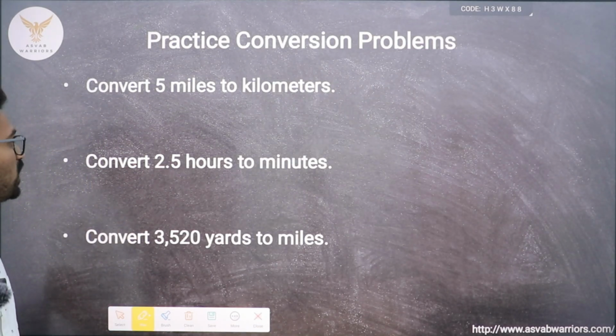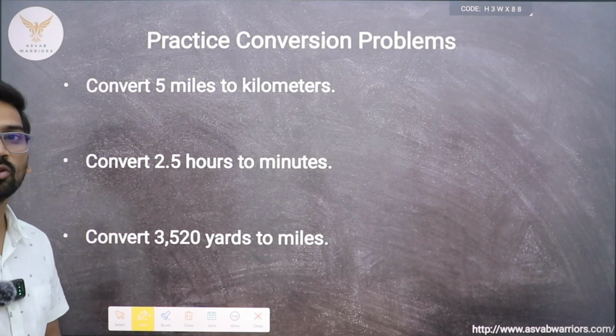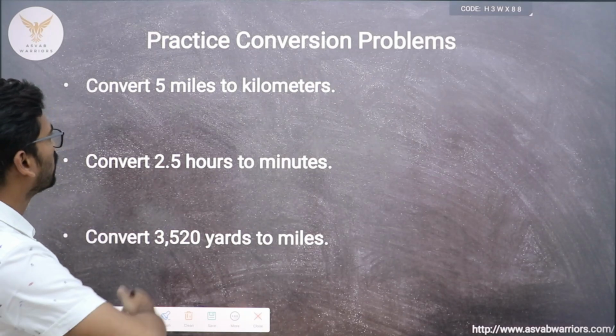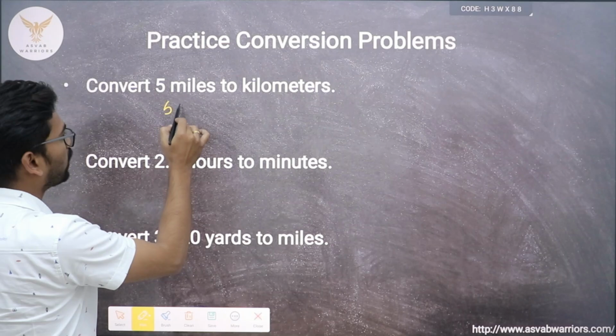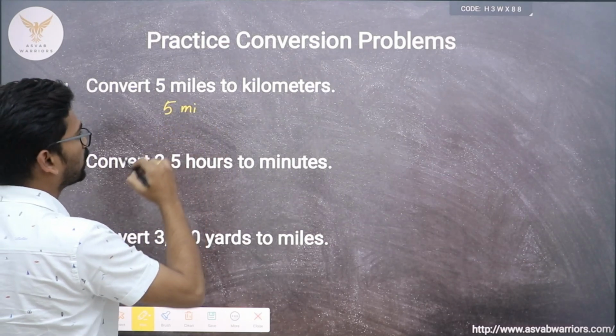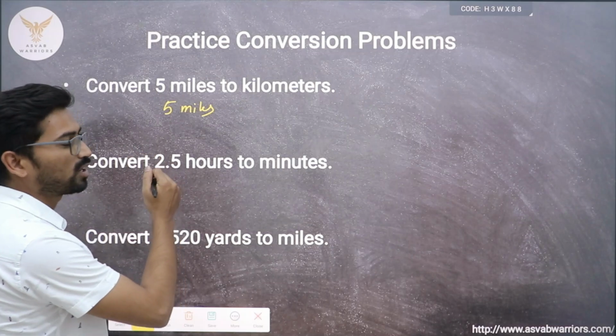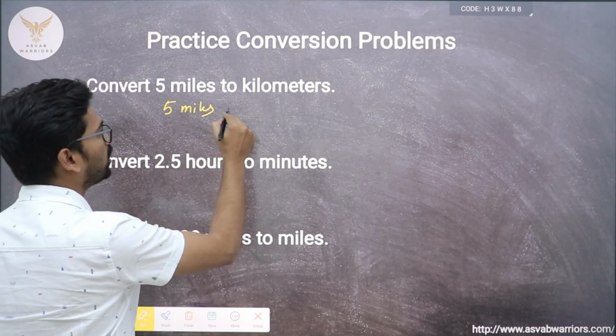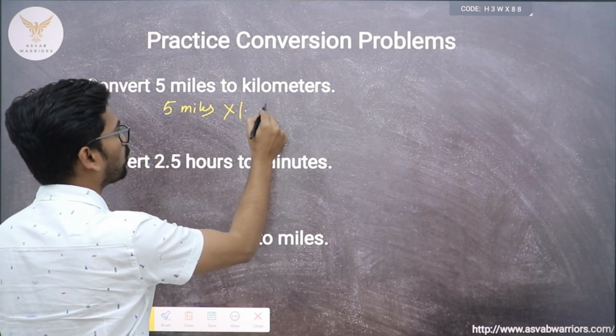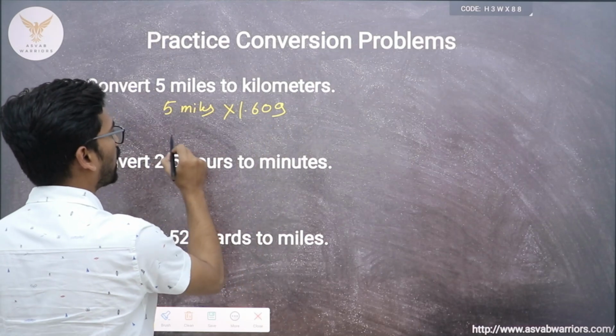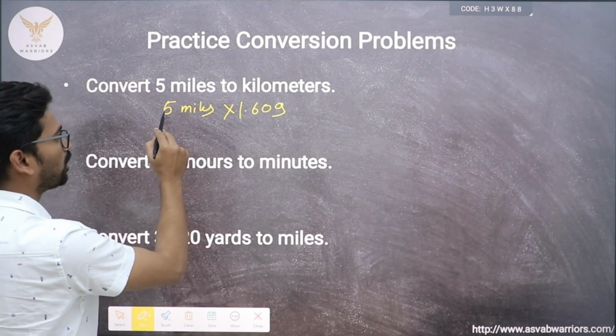Now our first question is, convert 5 miles to kilometers. We want to convert 5 miles into kilometers. We know that when we are converting miles to kilometers, we need to multiply the miles with 1.609 and we will get our answer in the kilometers.